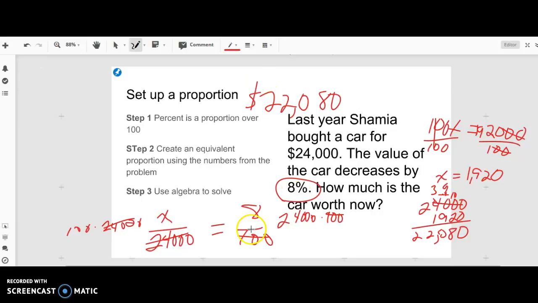And if you wanted to do, instead of 8%, this proportion, x over 24,000 equals 92 over 100, because 100 minus 8 is 92. That's 92% of 24,000.